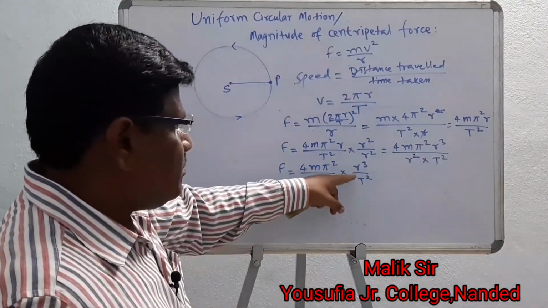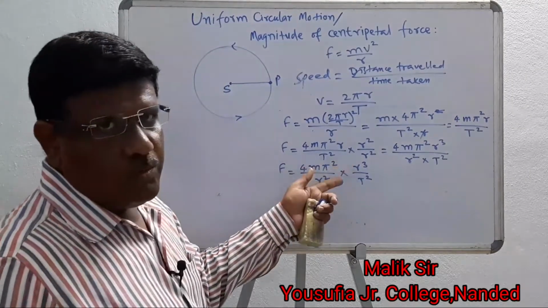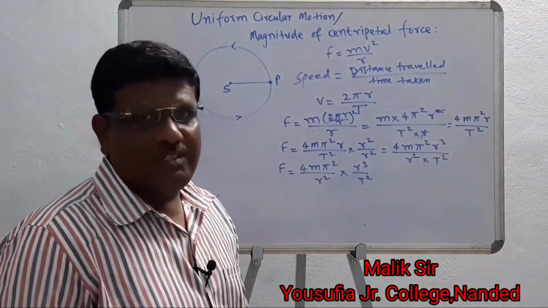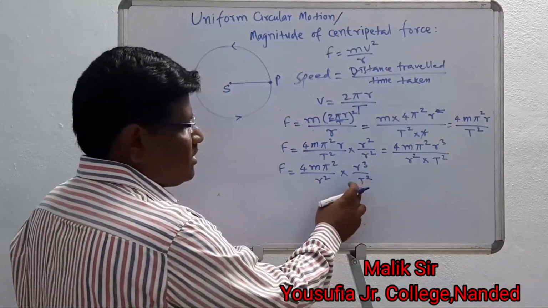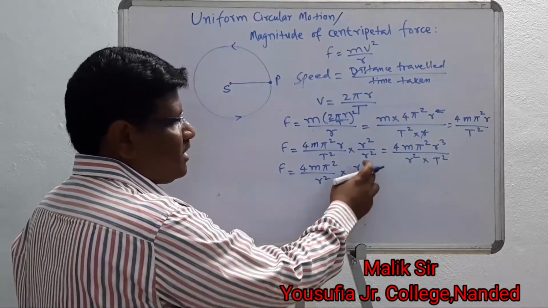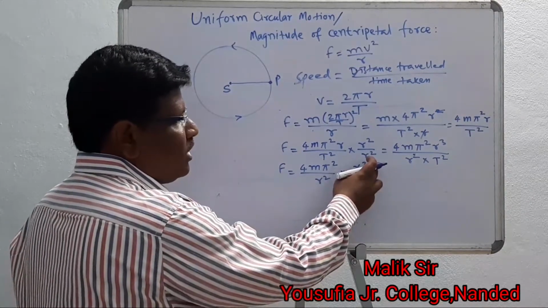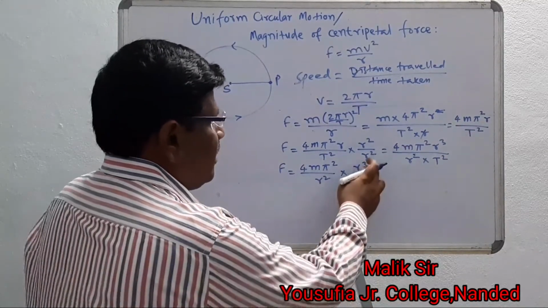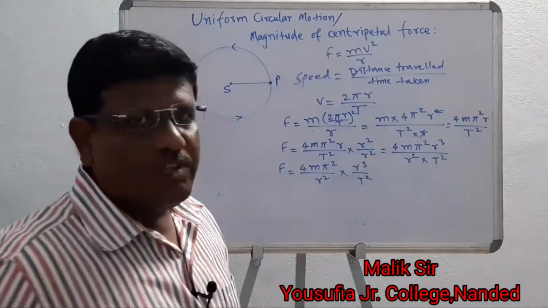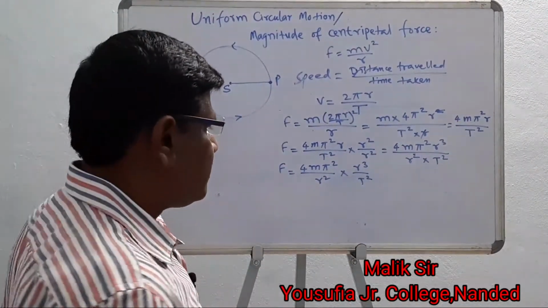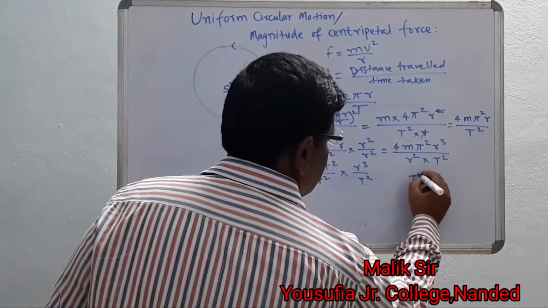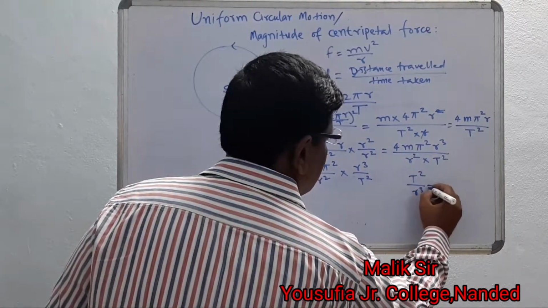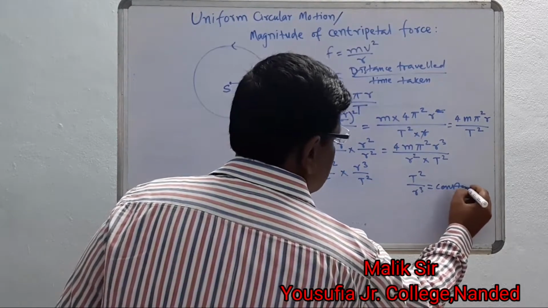This is the reciprocal of T square by r cube, which is Kepler's third law. According to Kepler's third law, the square of the time period is directly proportional to the cube of the distance between the planet and the sun. So according to Kepler's third law, T square by r cube is always constant.